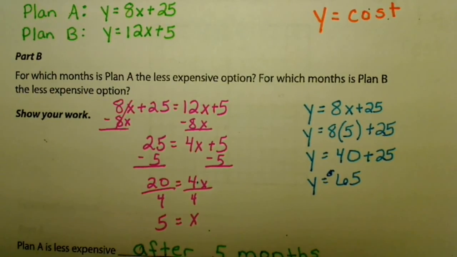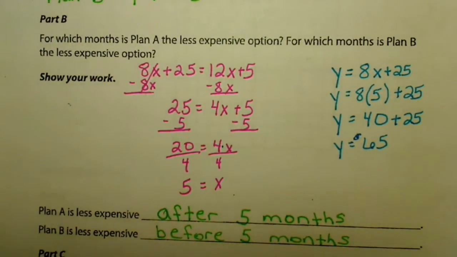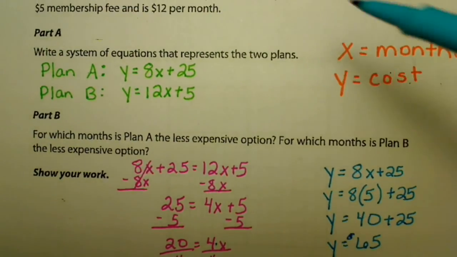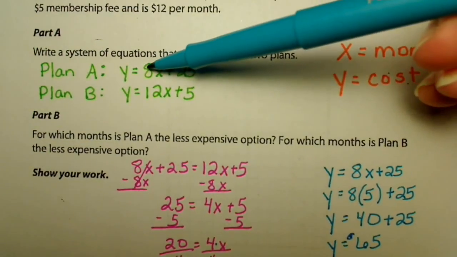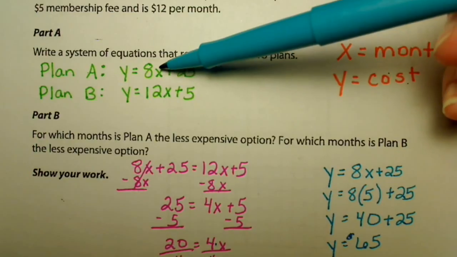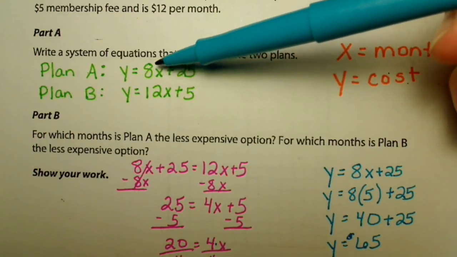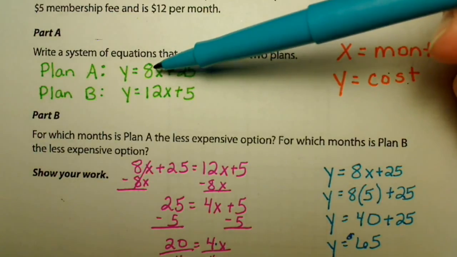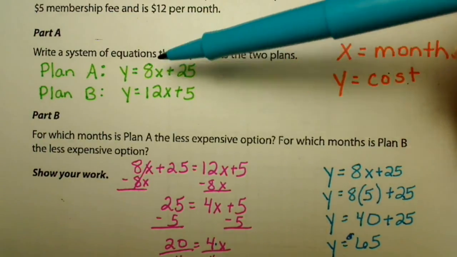All right. Now, to determine which one is less expensive when, you have to look back at your first equations. This one costs less per month. So that means it would be less after the 5 months.